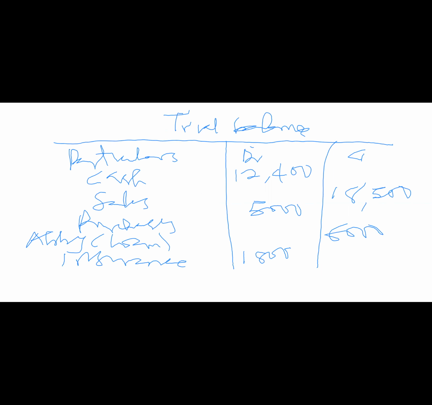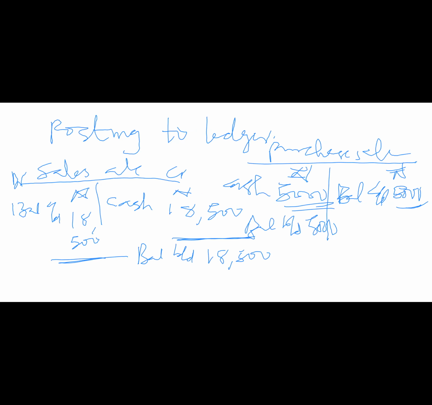Okay, this is it. Look up. Trial balance is the posting of ledger balances, right? If you check the sales account, the balance BD falls where? On the credit side.